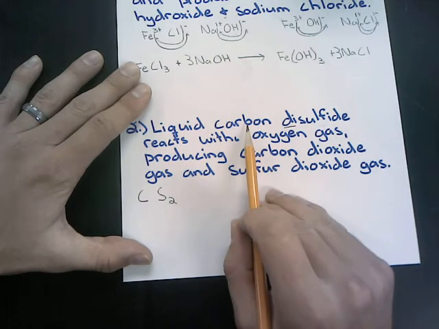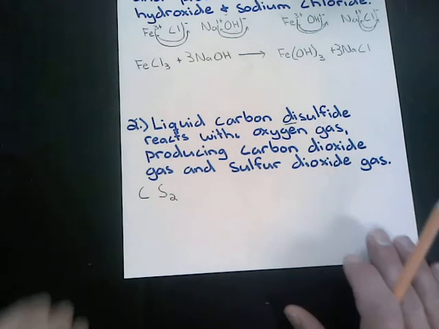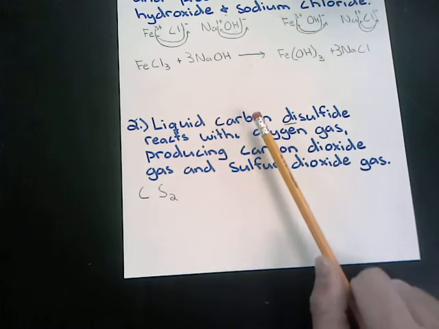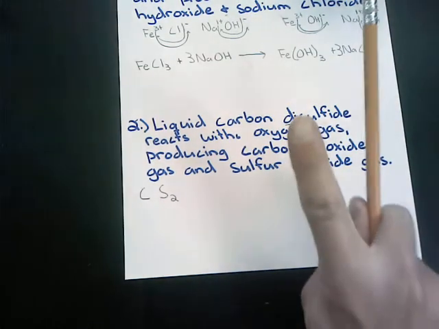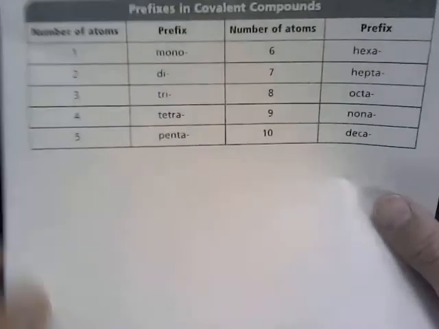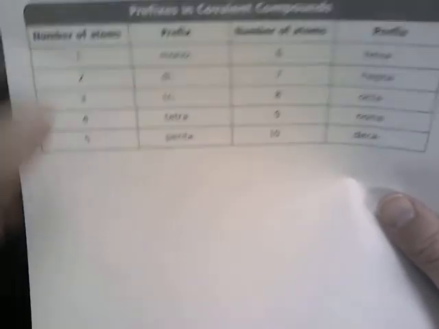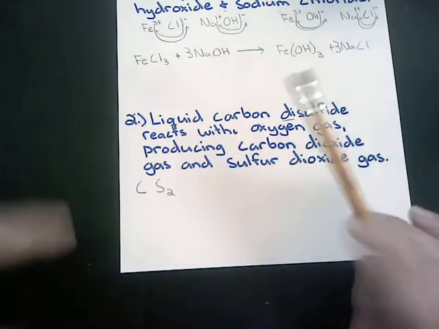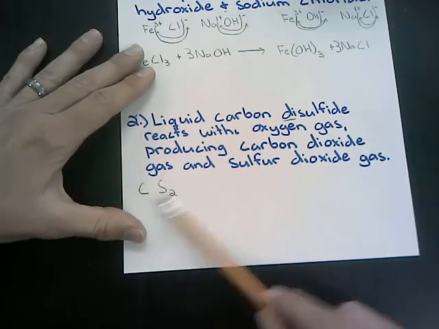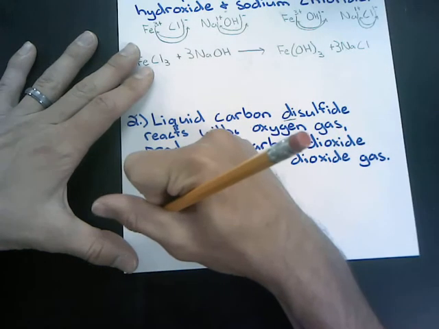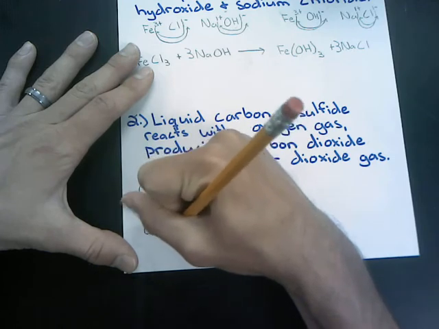Now carbon does not have a prefix. So remember our one exception: if the first element listed is only one, we do not put that mono prefix. Most of the time mono would represent 1, but because carbon is the first element listed, there is no mono prefix. So our formula for carbon disulfide just becomes CS2. And I'm going to write that below here.